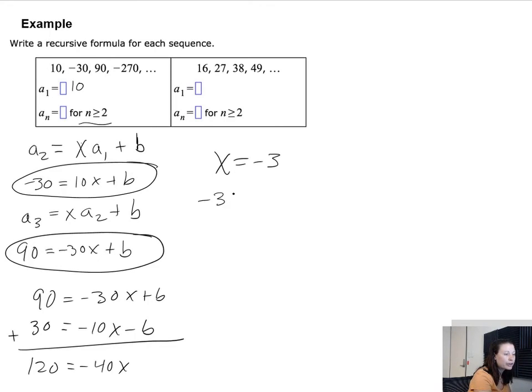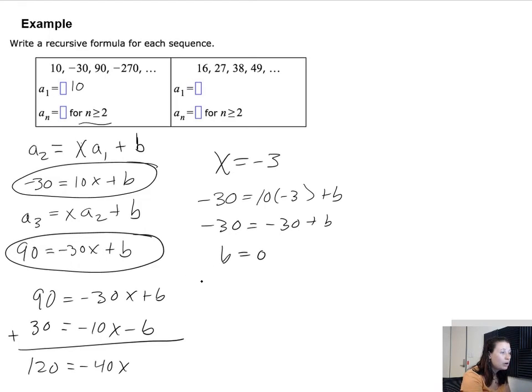Okay, so now we can figure out what b is, or if b is equal to anything. So negative 30 equals 10 times negative 3 plus b. Well, that's negative 30 equals negative 30 plus b, so b is 0. So that means we can write a_n as negative 3 times a_(n-1).